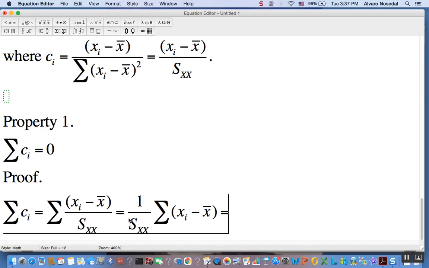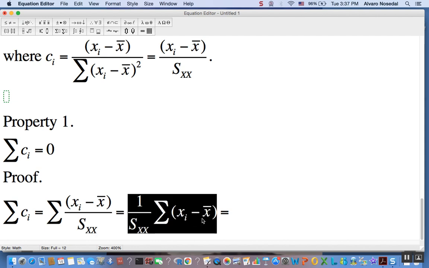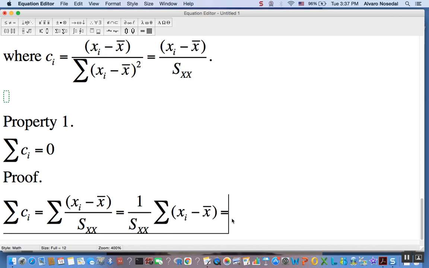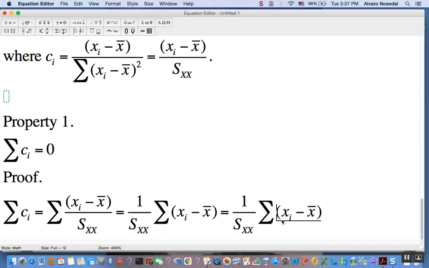So this is the same as the sum of xi's minus n times x bar, right?